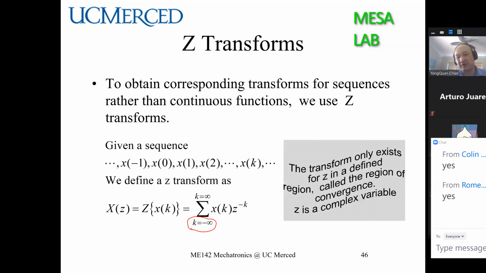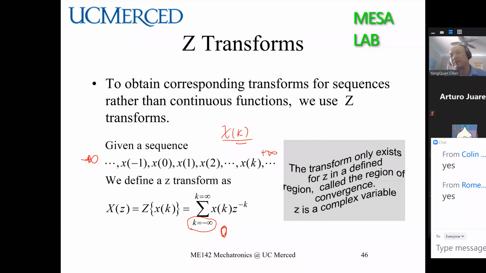We need the Z transform. I want you to remember that if I write something called x of k, you need to ask, what is the range of k? It could be from minus infinity to positive infinity. But in reality, we probably only need to care about from 0. So this is called the one-sided Z transform.